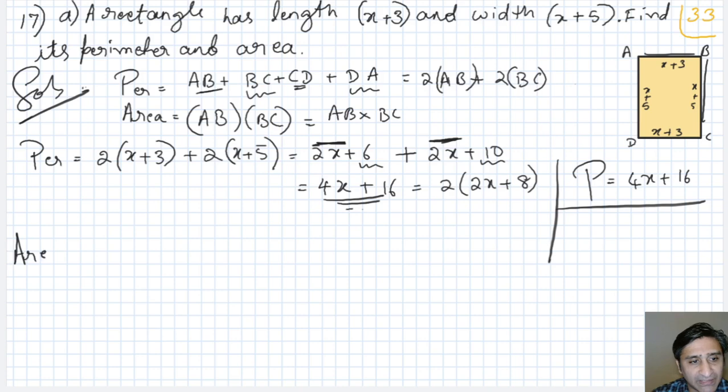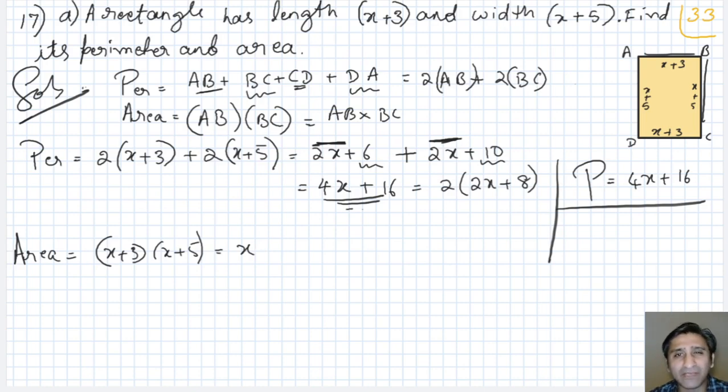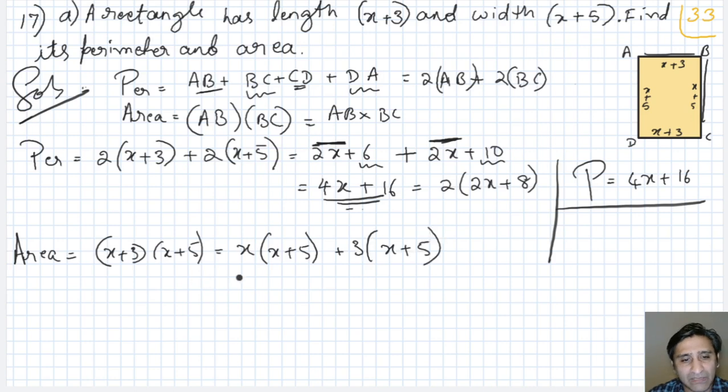Now let's look at the area. Area is just the product of two adjacent sides, which is x plus 3 times x plus 5. To some extent I will keep writing this as a product of individual terms, but later on I'm going to start avoiding them. X times x plus 5 and plus 3 times x plus 5, so that's going to be x squared plus 5x, plus 3x plus 15.